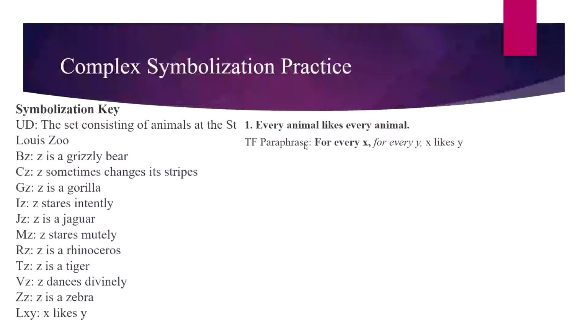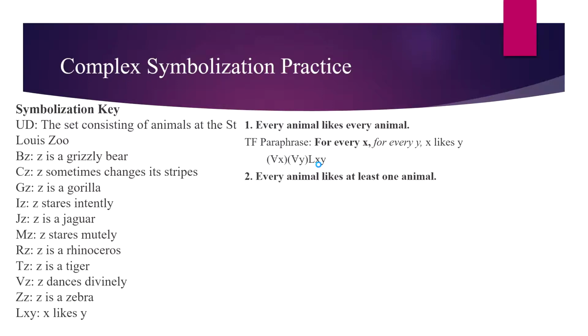We have to use a different variable, right? In this case, we're using Y, to make it clear that we're talking about two things and to make it clear which specific thing each of those quantifiers ranges over. So our symbolization here is going to be, for every X and for every Y, X likes Y, right? LXY.